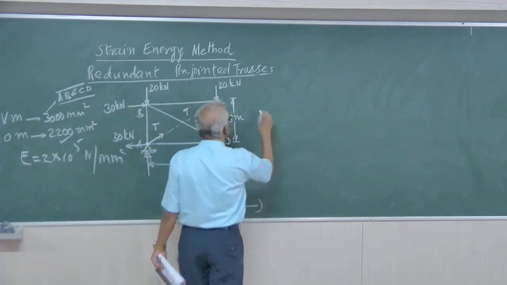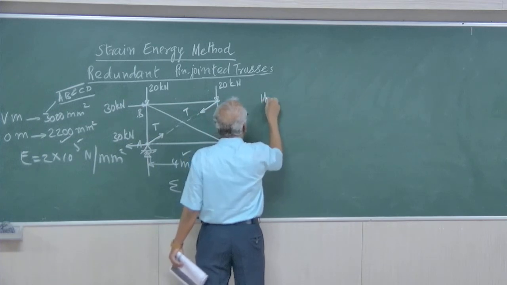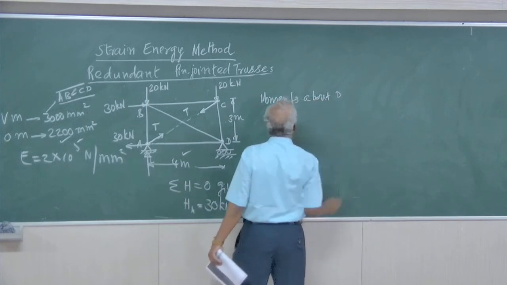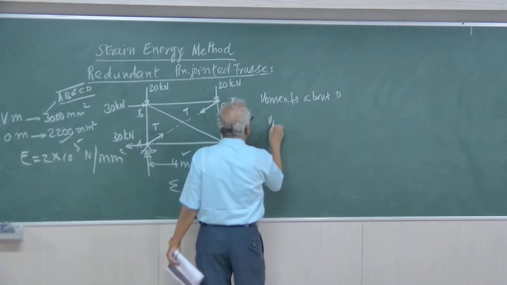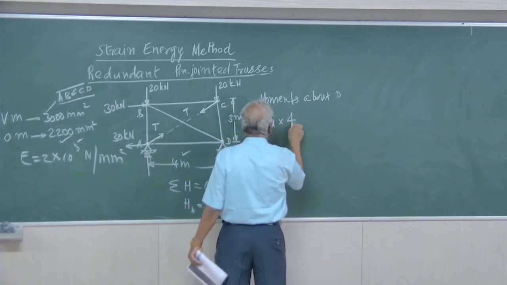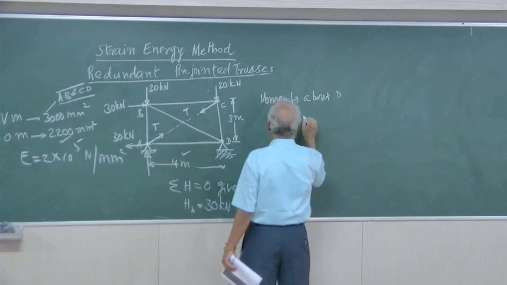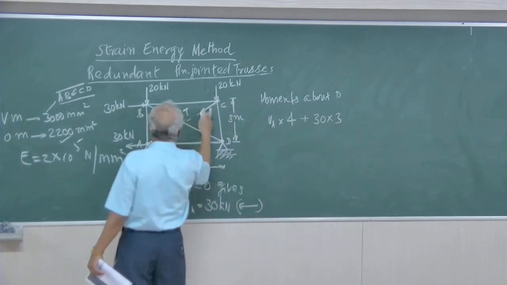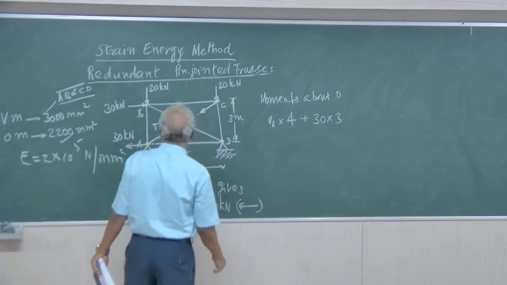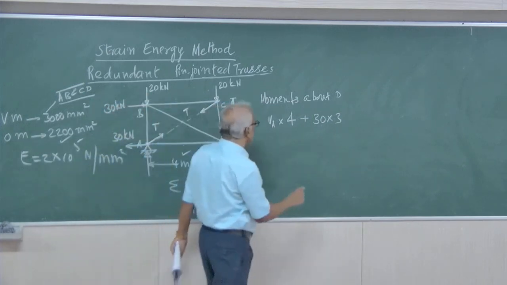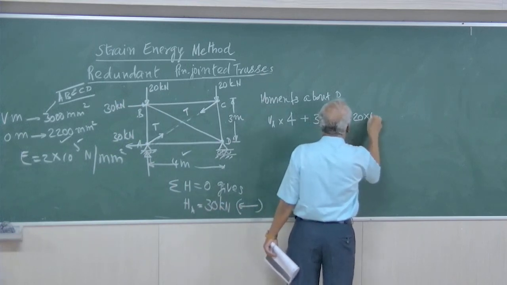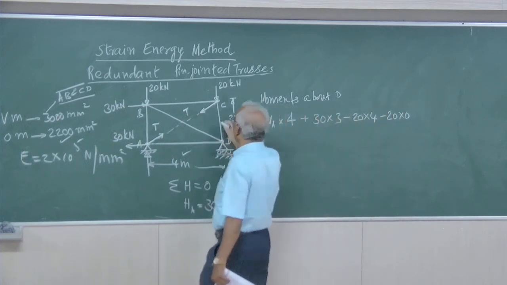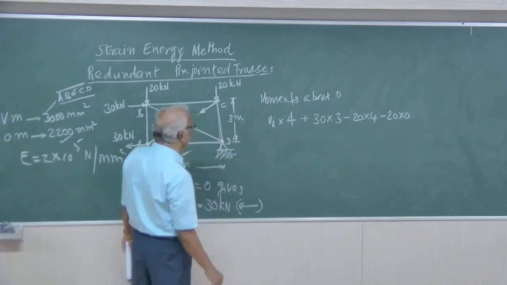Now let us take moments about D. VA into 4 meters plus 30 into 3 meters, that is horizontal force into vertical distance, minus 20 into 4 meters, minus 20 into 0, because this load passes through the point D, therefore that will not cause any moment.